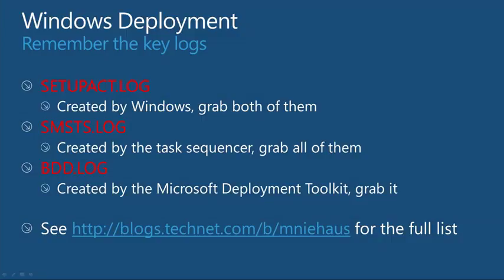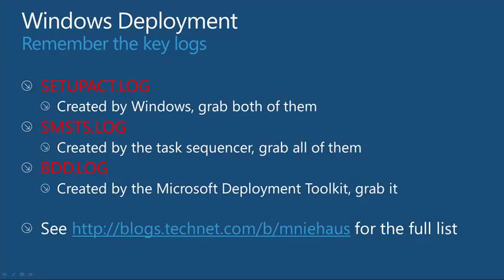So there are some tricks out there in various blog entries of how to make that log bigger so that it doesn't wrap around nearly as often, so that you don't have to try to reconstruct the problem to figure out what happened because the log's no longer around. But search the system for it wherever it happens to be, grab the copies of it, grab the other older generations of it. You may need them as part of the troubleshooting process.